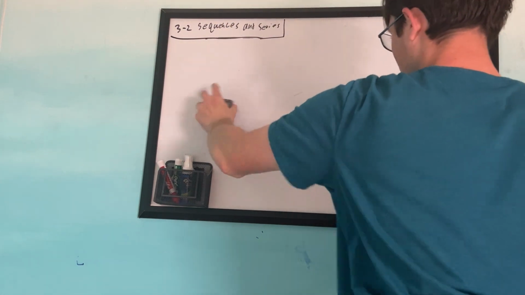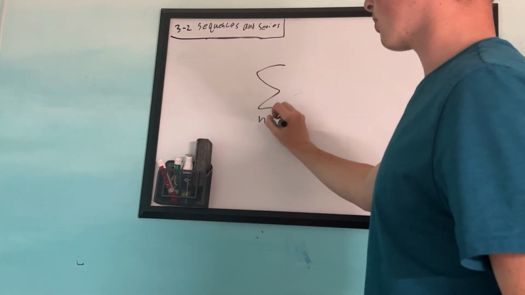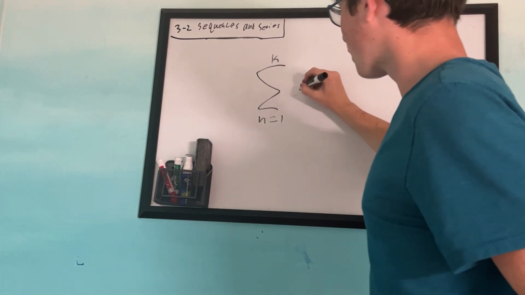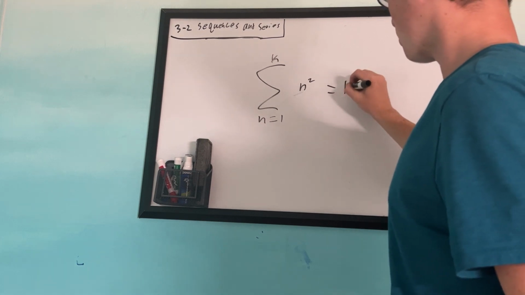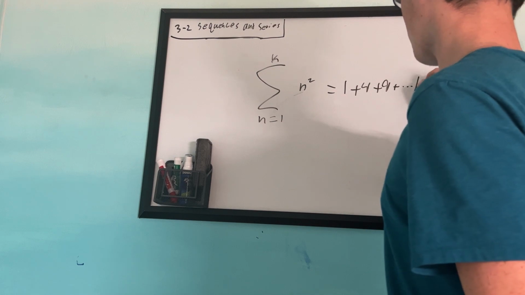And if we want to do something k times, we could have a capital sigma with n equals 1 to k of n squared. This would be equal to 1 plus 4 plus 9 plus all the way to k squared.